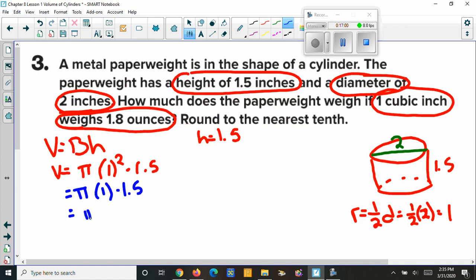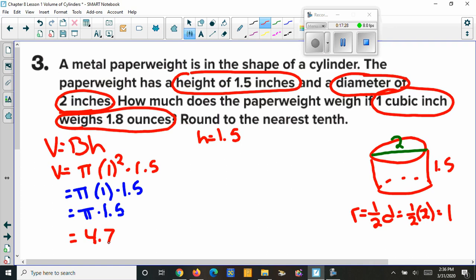That's equal to pi times 1.5 for a volume of 4.71, which rounds to 4.7.